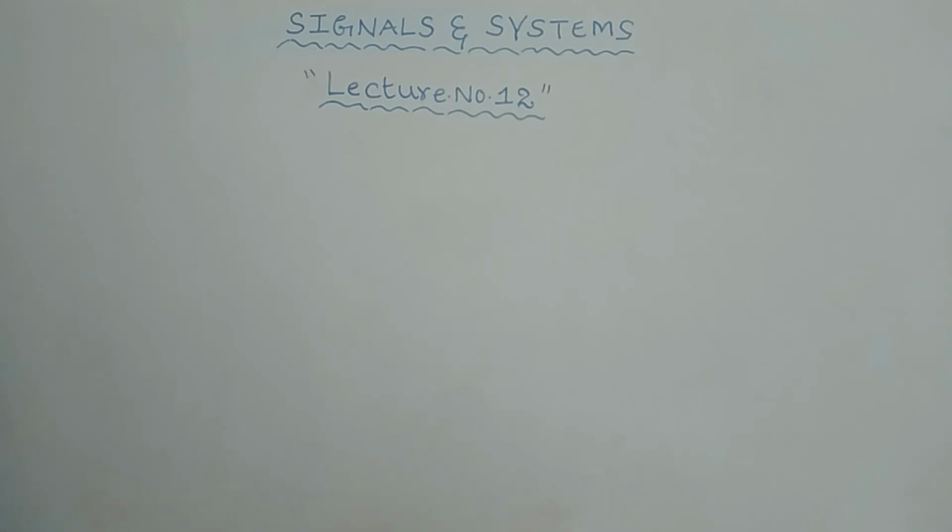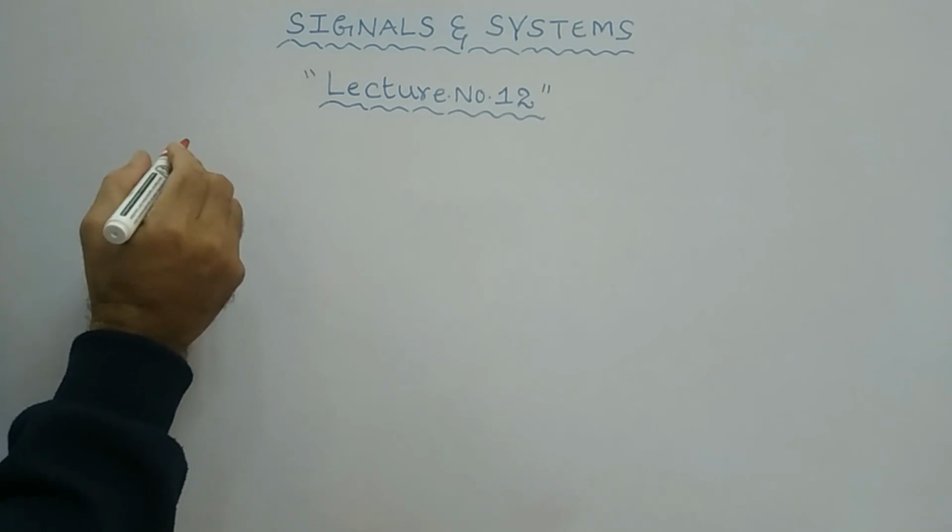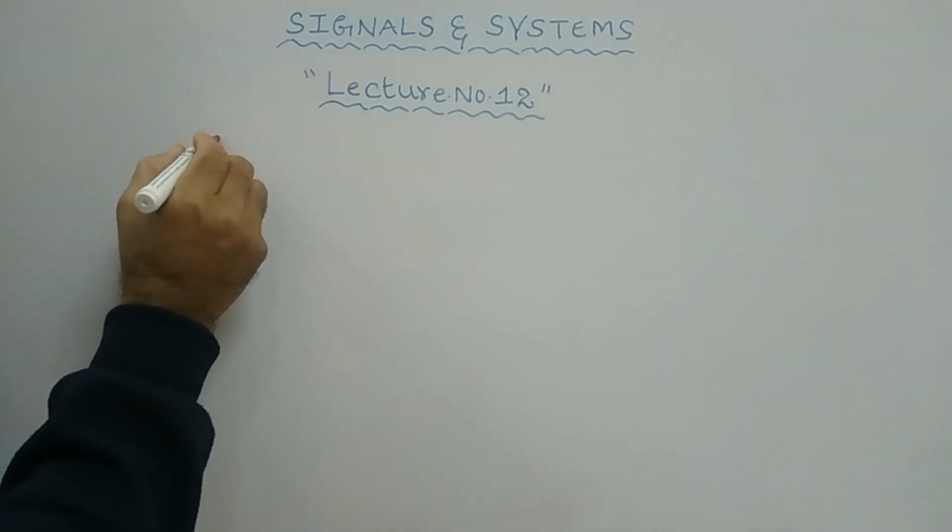In today's presentation I would like to explain what the classifications of the system are. Today we are going to see lecture number 12 on the signals and systems subject. So let us see what the classifications of systems are.